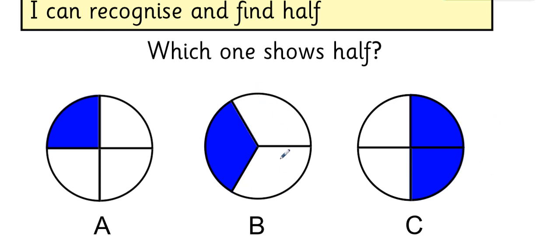White is bigger than blue, so this cannot be half. And this one here, A, white is much bigger than blue, so this cannot be half either. So the shape that showed half was C. 2 equal parts, one of them coloured in.